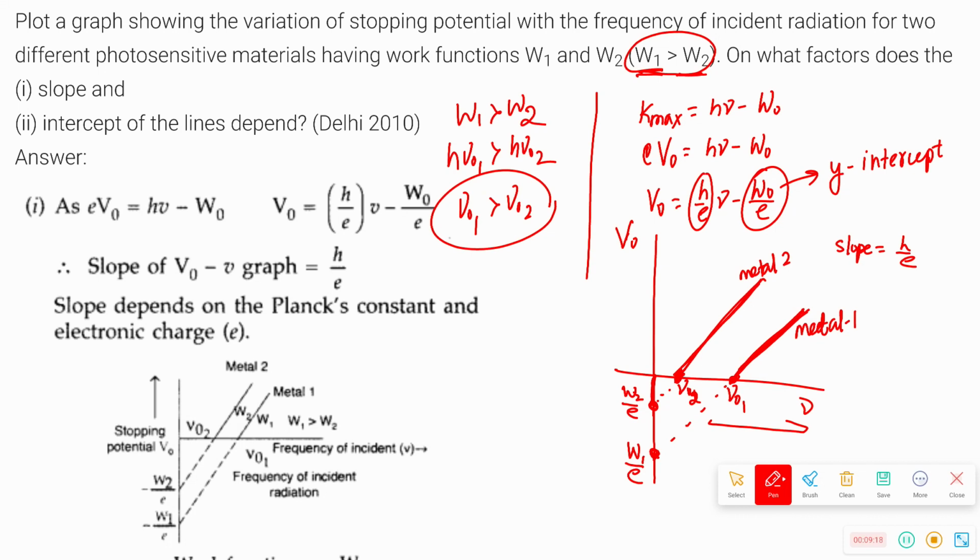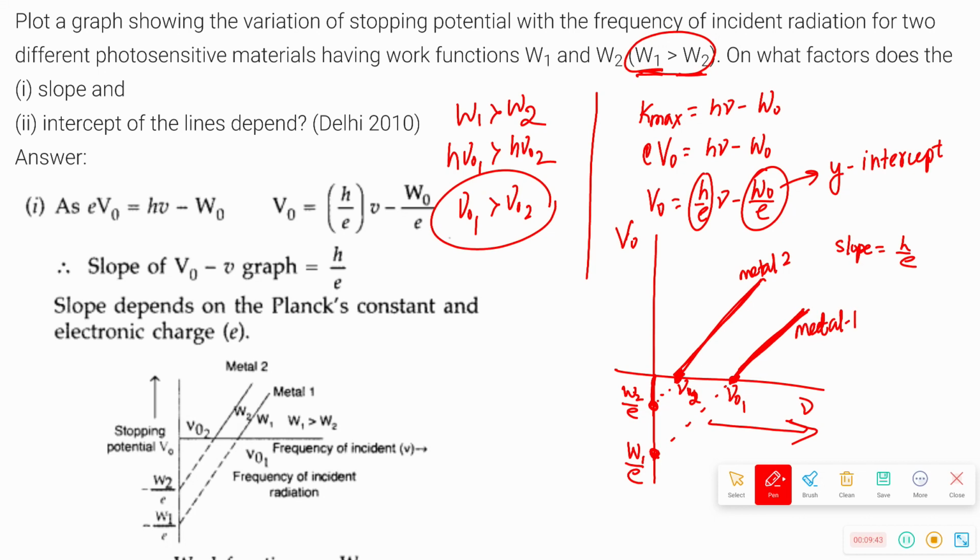So work function 1 is greater than work function 2, so h nu naught 1 is greater than h nu naught 2, so nu naught 1 is greater than nu naught 2. On the horizontal axis, metal 1, which has the greater work function, should be in the positive, forward direction.